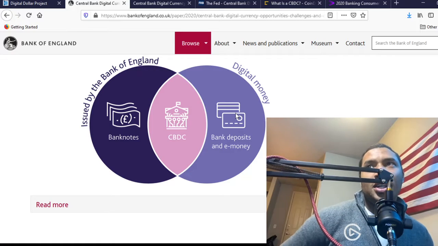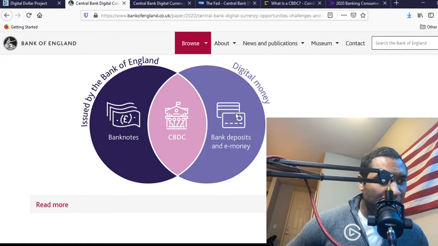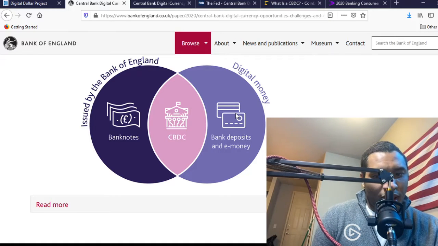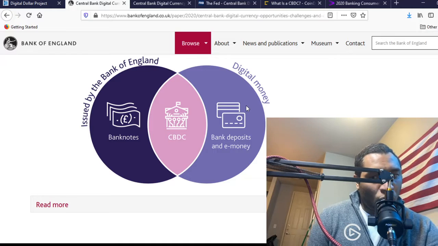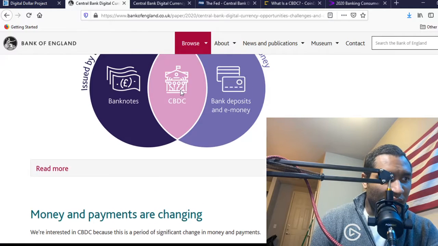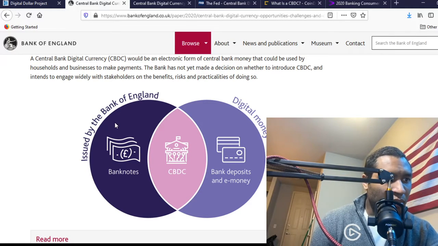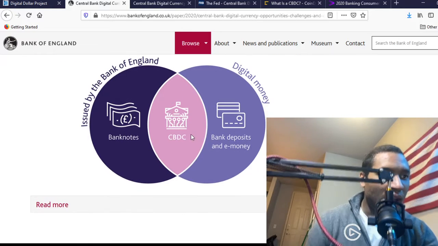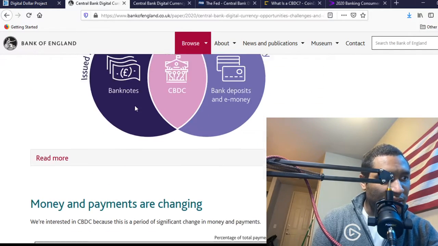Now, they say it will not replace actual currency like banknotes. That'll just be another form of money, and probably will. I don't know if they'll phase out banknotes completely, but they want to incorporate it in how money is transacted.